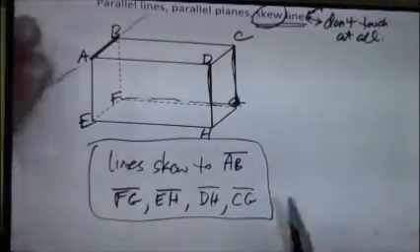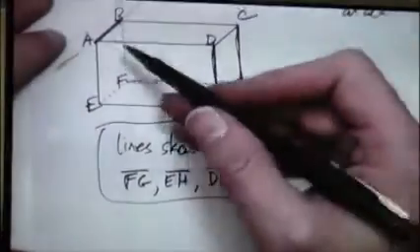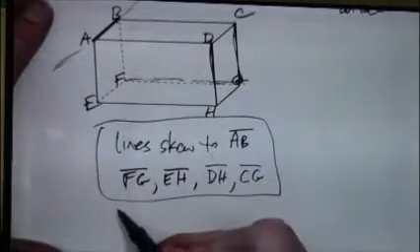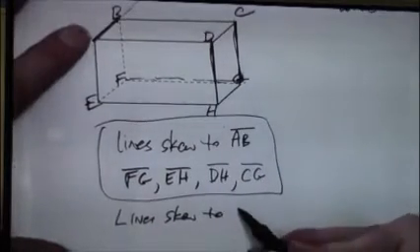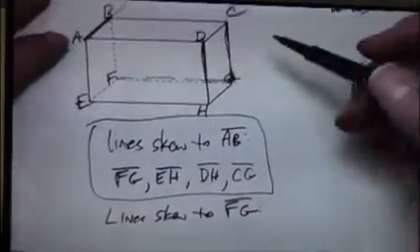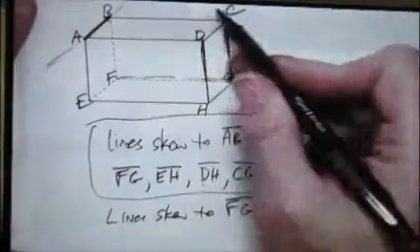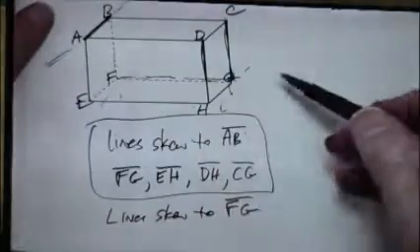But now let's change it up. I started out by saying FG, then AB, these are off. Well, let's take FG and find all the ones that are skew to FG. So if FG is here, this one's parallel, this one's parallel, this one's parallel, this one touches it, this one touches it, this one touches it, this one touches it.